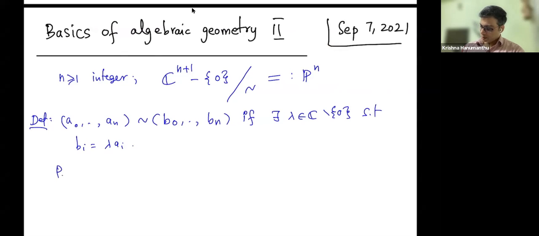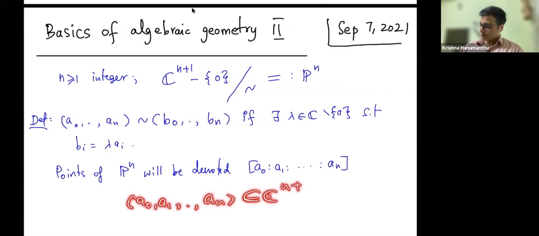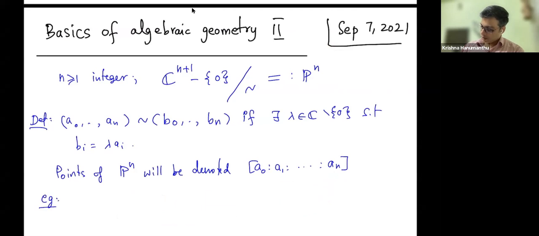So points of P^n will be denoted by something like [a_0 : ... : a_n]. We don't want to use the usual notation with parentheses, because that would be a point in C^(n+1), but it will only represent a class of a point in projective space. We understand that one point can have different representations. For example, [1 : 2] is equal to [3 : 6], which is equal to [2i : 4i], i being imaginary.